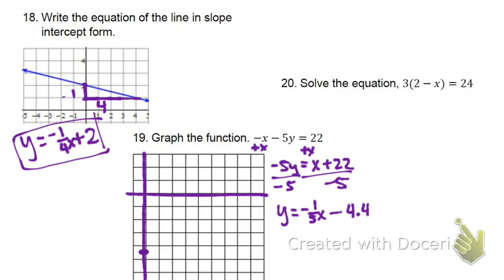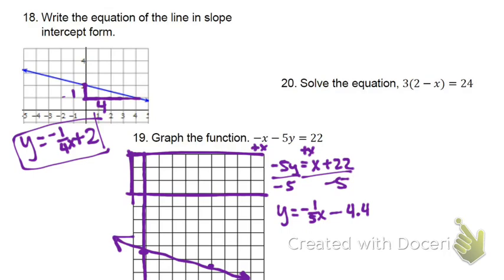And then I'm going to go down 1 because I have a negative slope, and over 1, 2, 3, 4, 5. So your graph should look a little something like that. And again, you can create your graph to look how you want. I know some people made this the x-axis and this the y-axis. It's up to you guys.